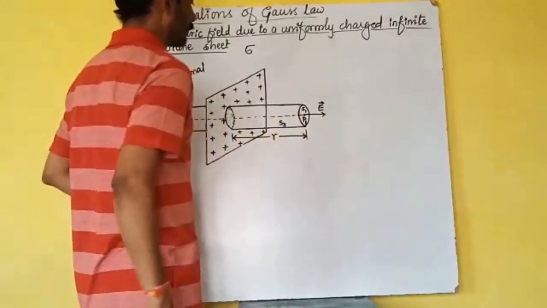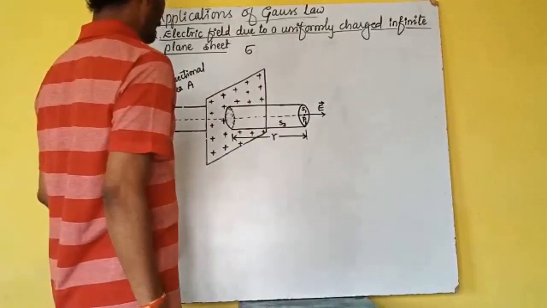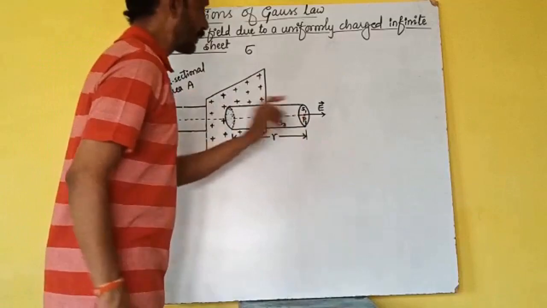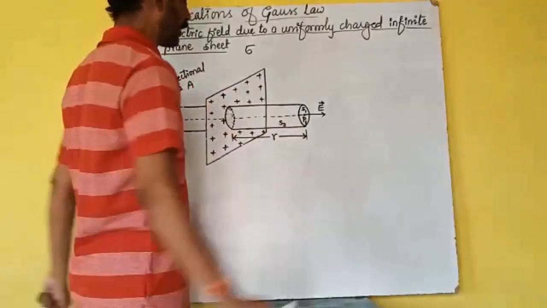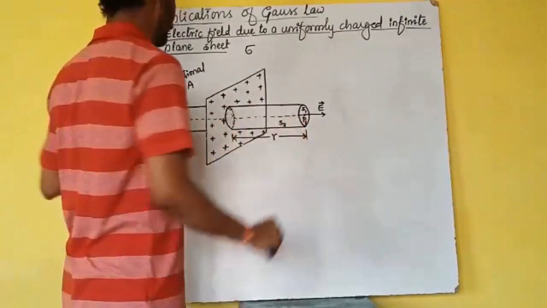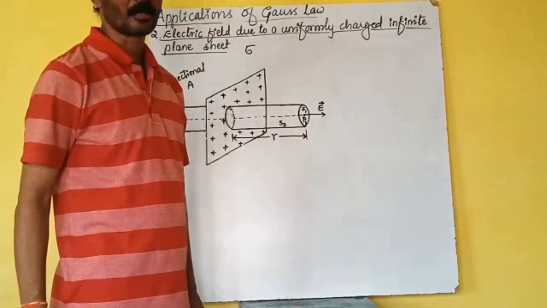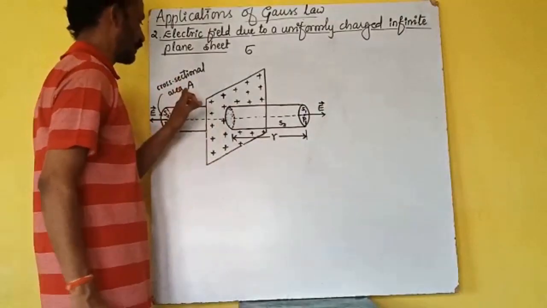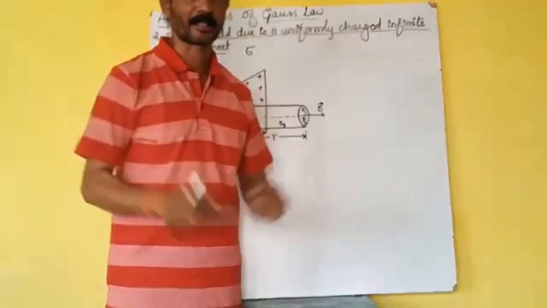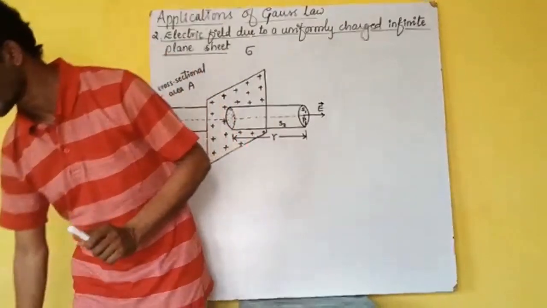Let P be a point at a distance r from the plane sheet. To find the electric field at point P at a distance r from the plane sheet, consider a cylindrical Gaussian surface of uniform cross-sectional area A, or we can also consider a rectangular Gaussian surface.